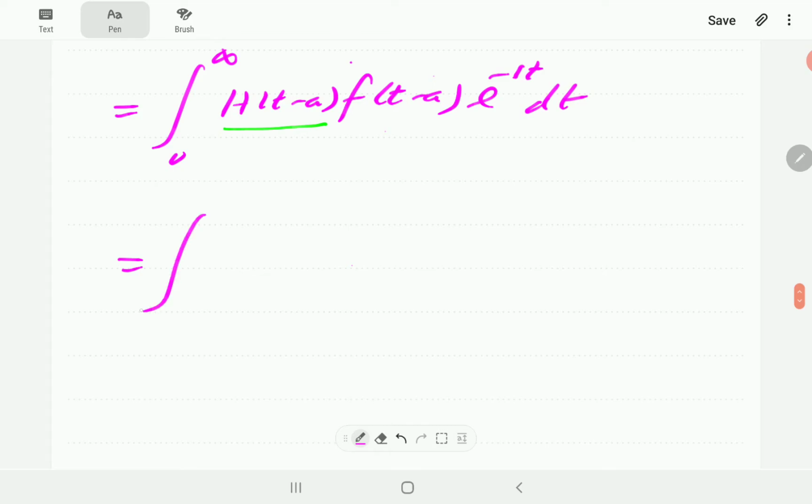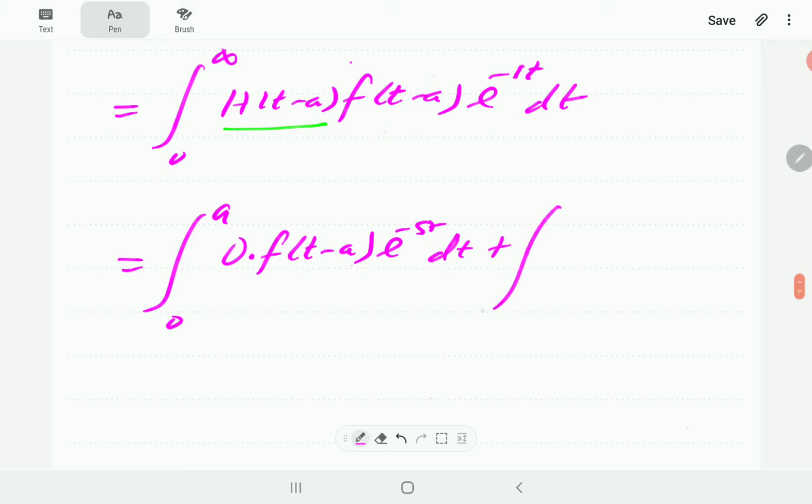So we're going to have the integral from 0 to a of 0 times f of t minus a e to the minus st dt. Then between a and infinity, this is going to be 1.